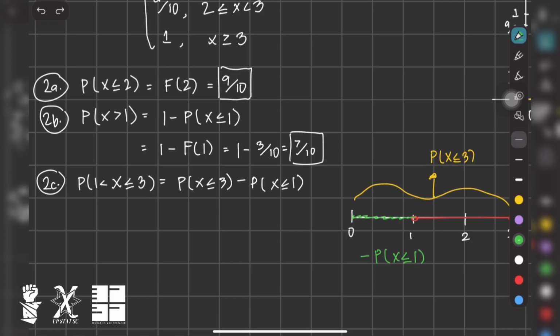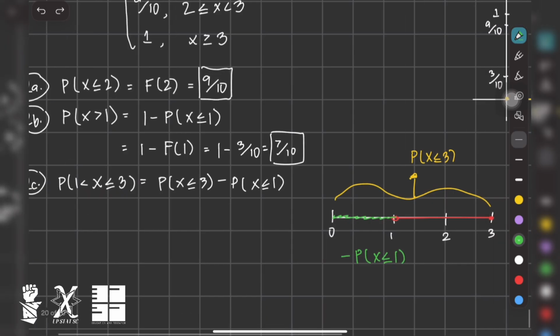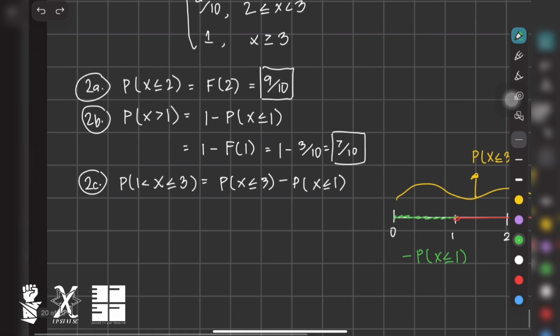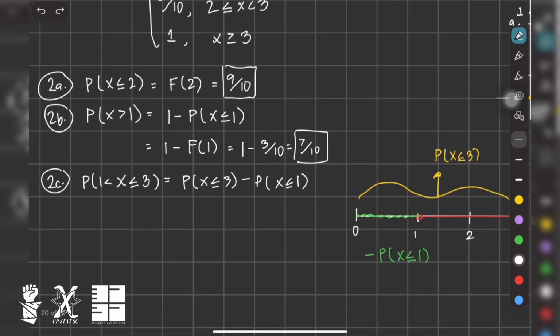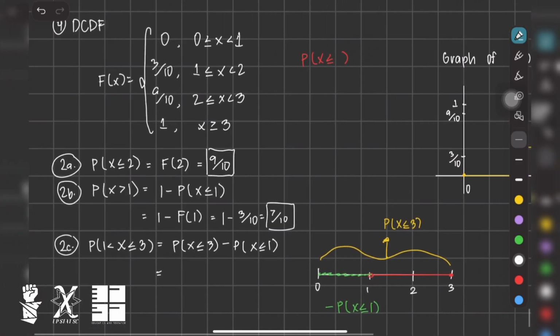When we subtract the probability of x less than or equal to 1 from the probability of x less than or equal to 3, we get our desired probability. So now we can continue solving using the concept of the discrete cumulative distribution function.